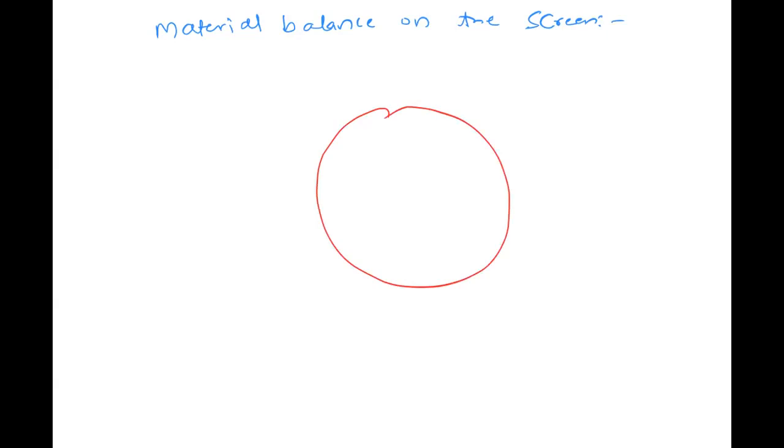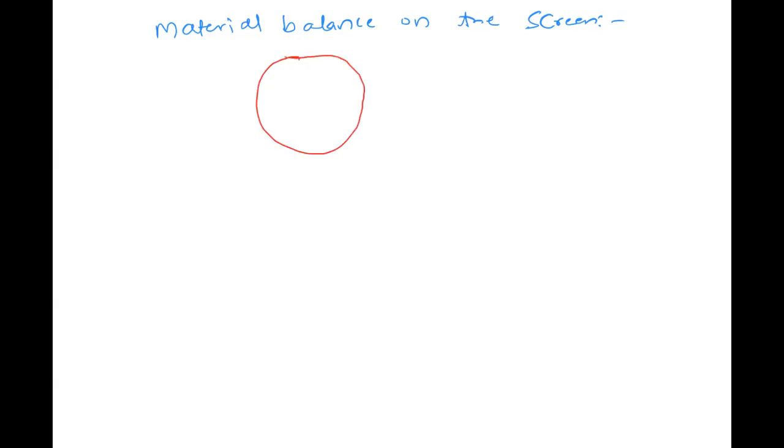Material balance on the screen. Suppose this is a screen, and these are different masses.